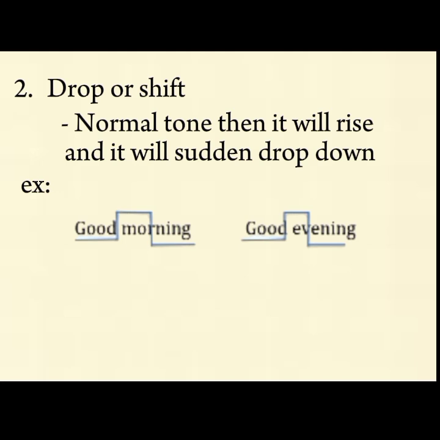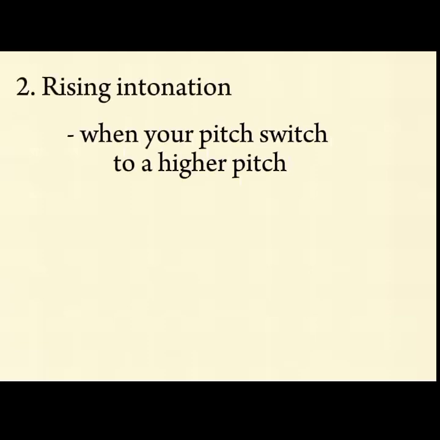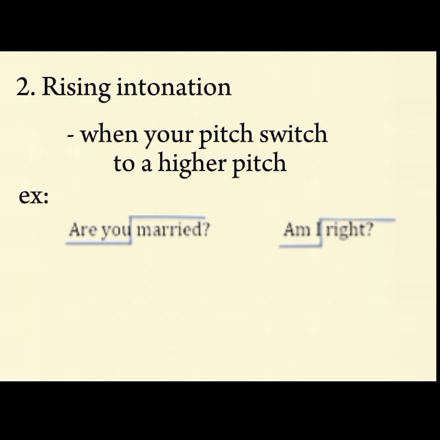So that is rising falling intonation. The next kind of intonation is the rising intonation. This happens when your pitch switches to a higher pitch. For example, are you married? Am I right? From normal tone, it will rise and it will not shut down. It will remain rising. Are you is the normal tone, so tataas siya.